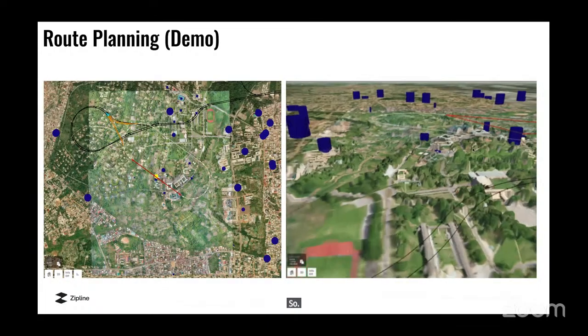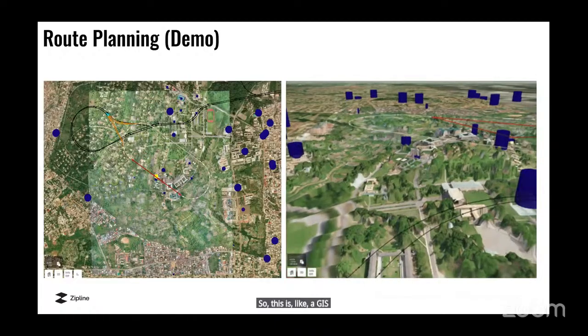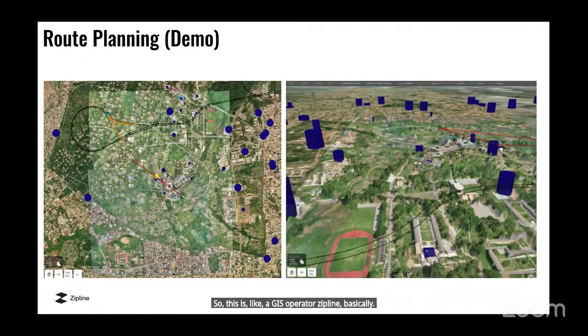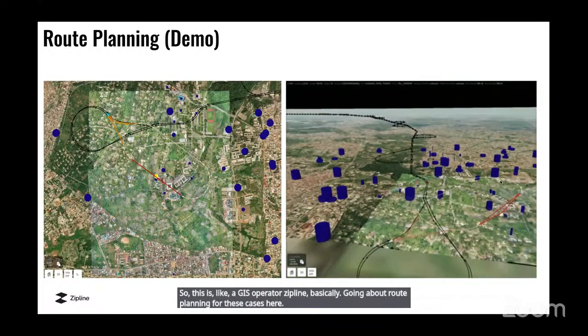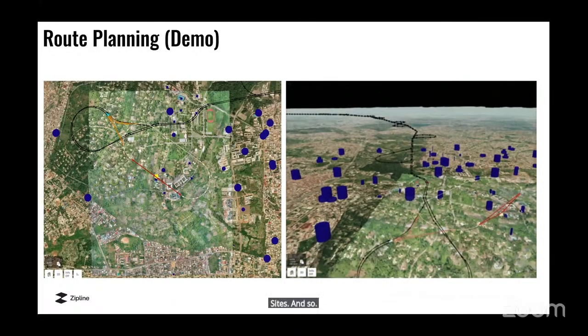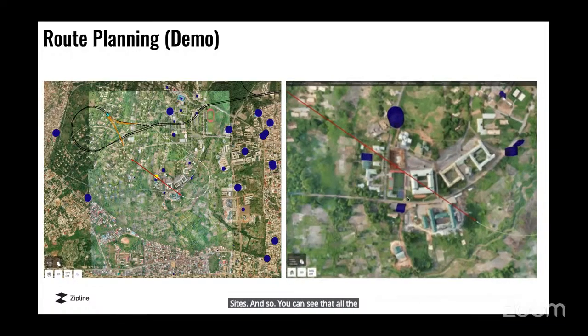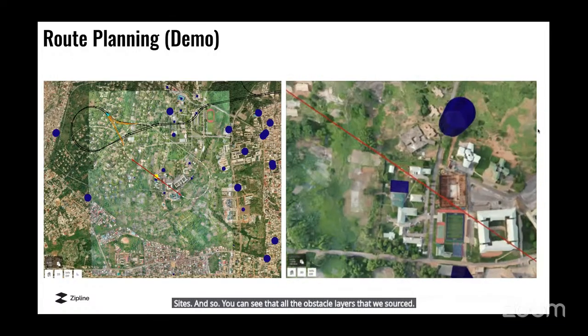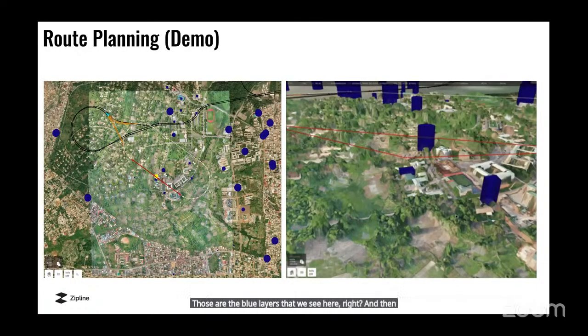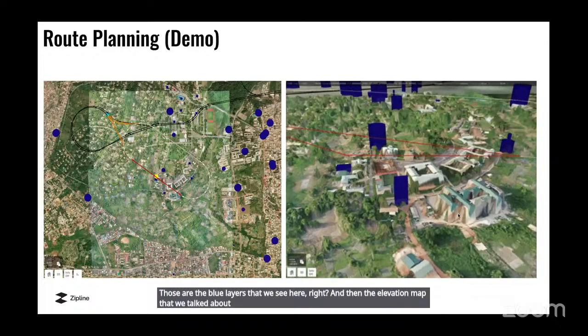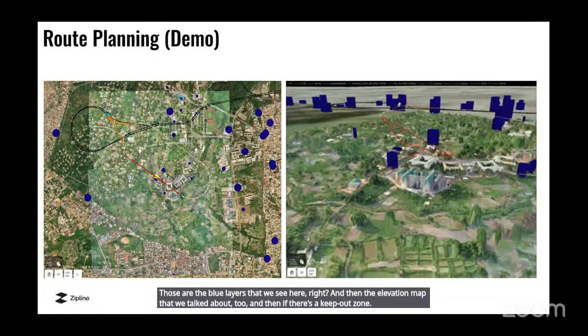On the right, you can see it in 3D. So this is like a GIS operator going about route planning for this KCCR site. And so you can see that all the obstacle layers that we saw, those are the blue layers that we see here, right? And then the elevation map that we talked about too. And then if there's a keep out zone, you are able to see the keep out.